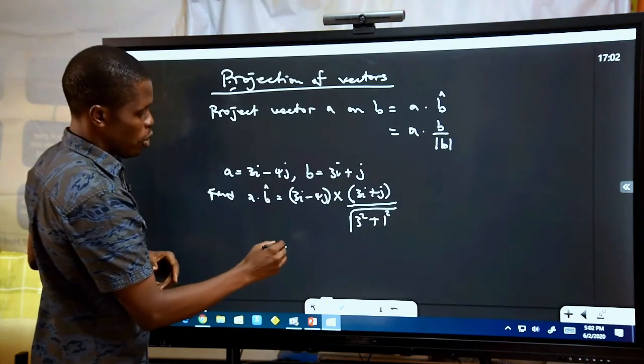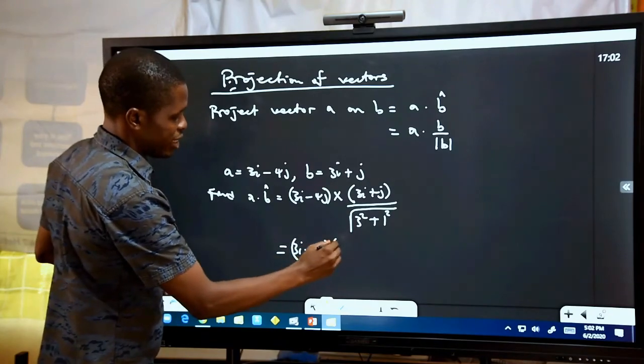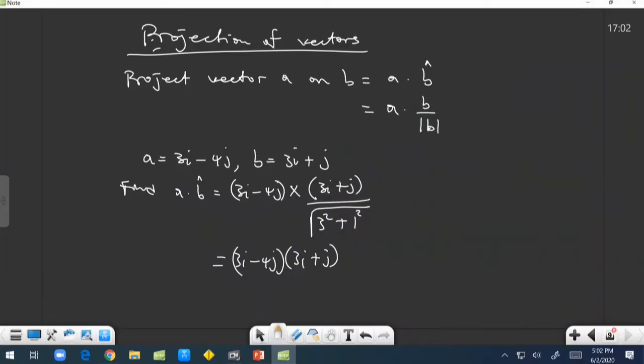And that is equal to 3i minus 4j, bracket 3i plus j, all over, we have 9 plus 1, 10. So we have root 10.